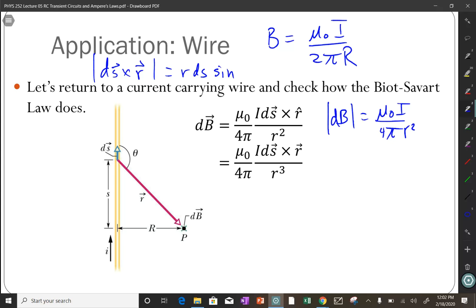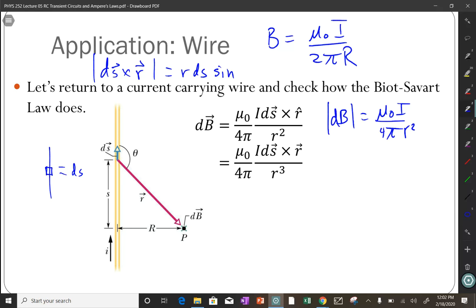What is the ds vector? It's important that we have this. ds means a little piece of the wire, so it has a height ds. The vector is the direction the current is going, so that's what gives it the directionality.